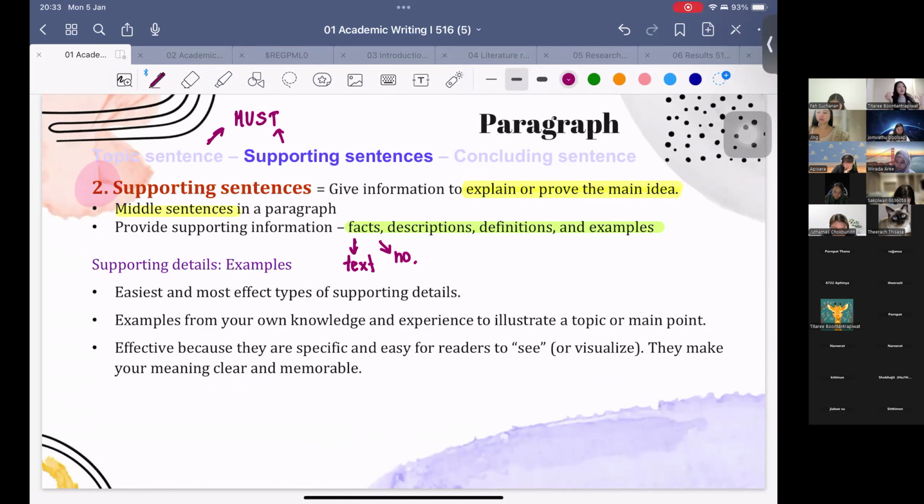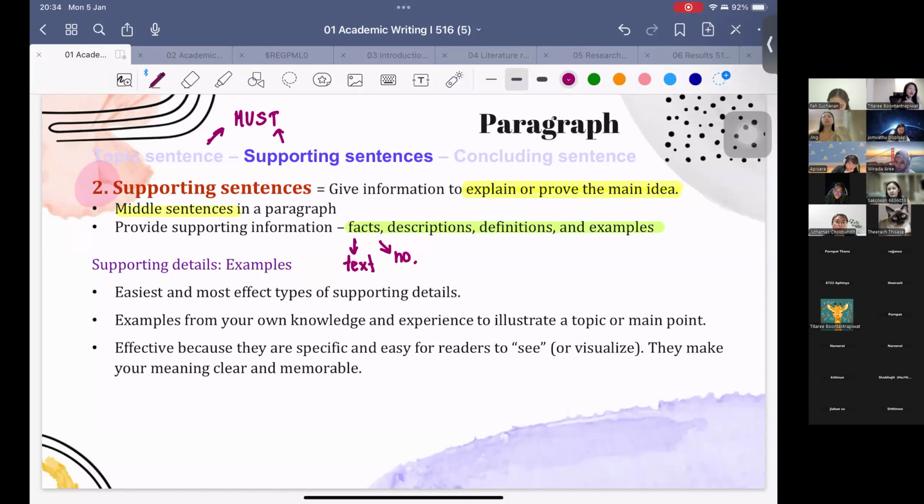Supporting sentence means what it's called, supporting. In the supporting sentence, normally you provide explanation based on your topic sentence. In the supporting sentence, you provide explanations. Explanation can be fact-based or statistics.